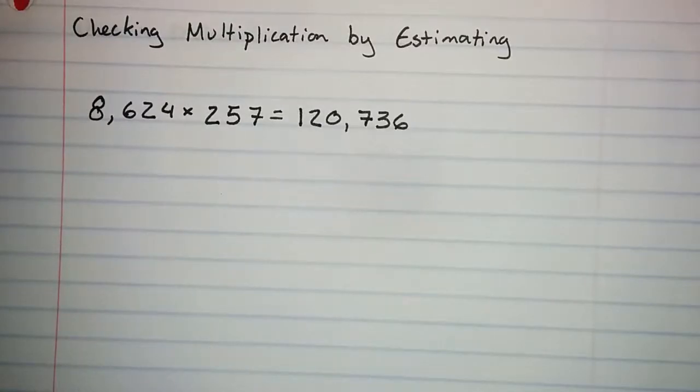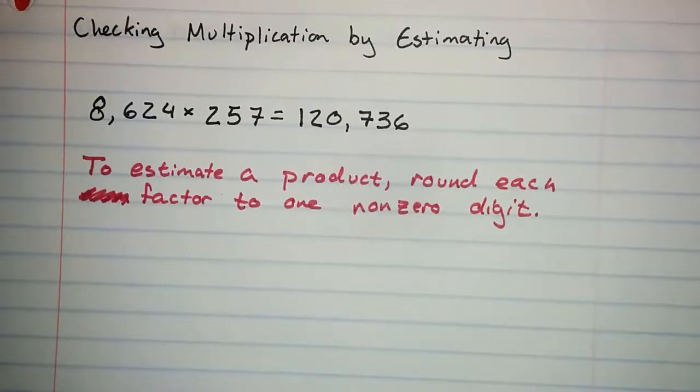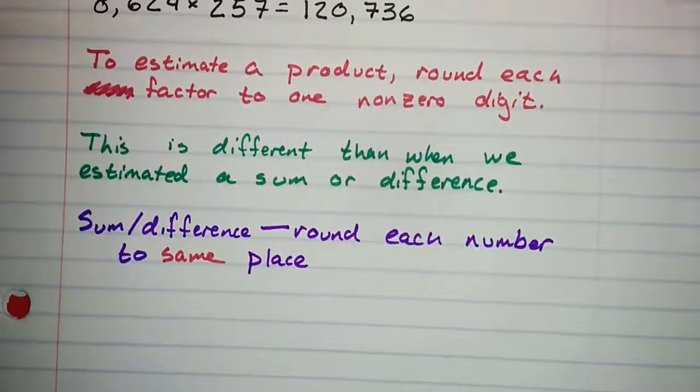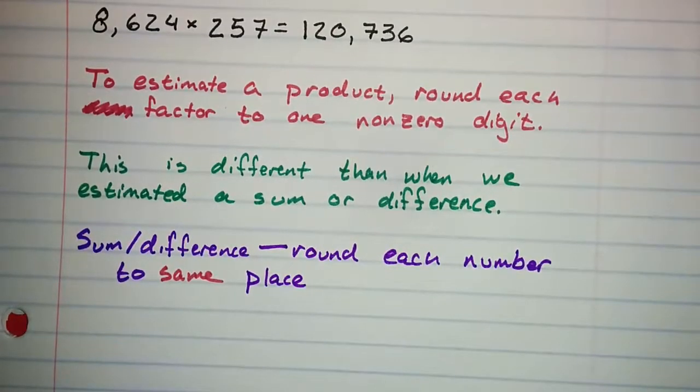We'd like to round each of our factors to make the multiplication as easy as possible. We'd like to round them to one non-zero digit. Now notice, this is different than when we estimated a sum or a difference. With a sum or a difference, we rounded each number to the same place.